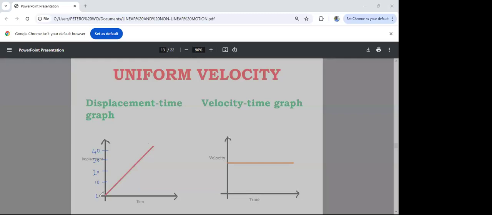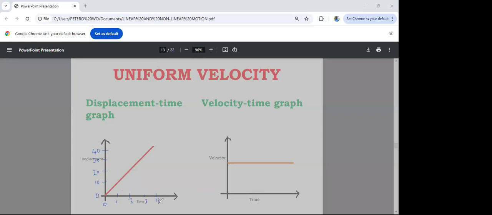And then we have a 0 here and on 0 time. And then we have maybe 1 second, then 2 seconds, then 3 seconds, then 4, and so on.